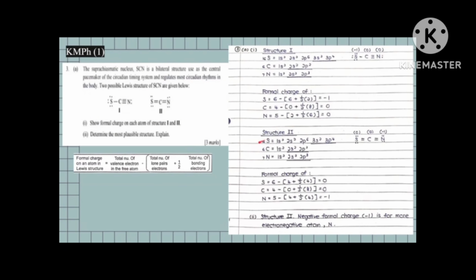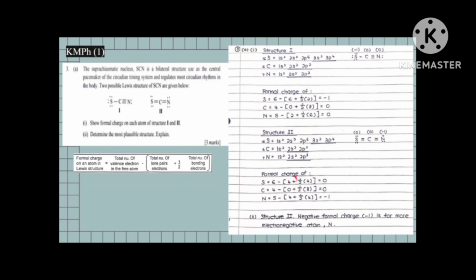So this is structure 2. For structure 2 as well, we can do the same: list down the electronic configuration and draw the Lewis structure first. And then we calculate the formal charge as well. So S has 6 valence electrons minus, in bracket, there are 4 lone pair electrons, 1, 2, 3, 4, and then plus 1/2 of bonding electrons, so 1 bonding pair, 1, 2, 3, 4, equals 0.